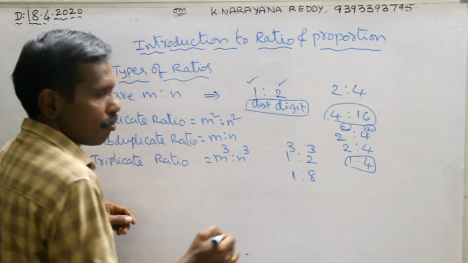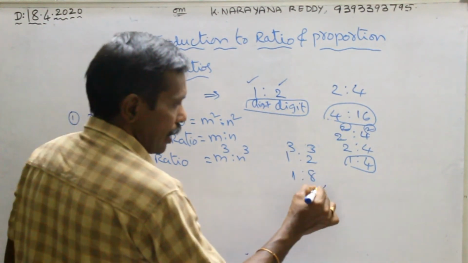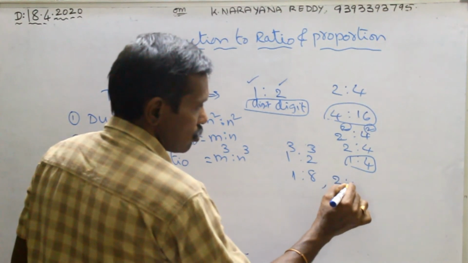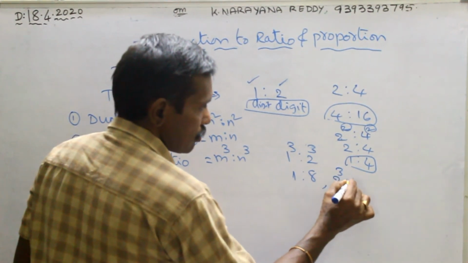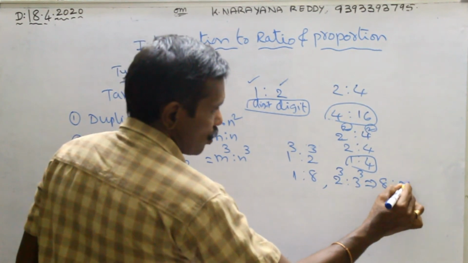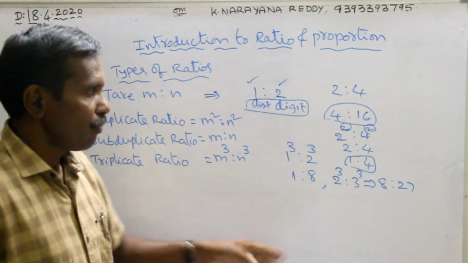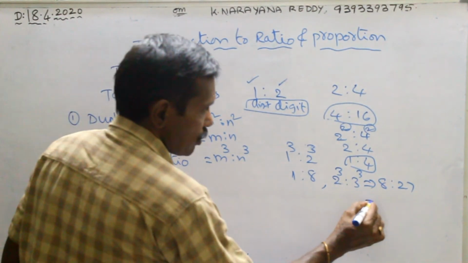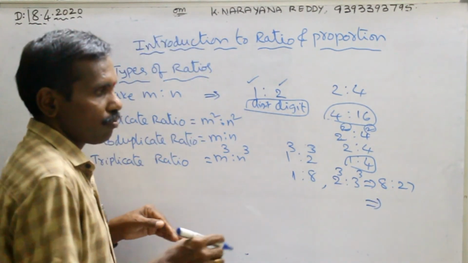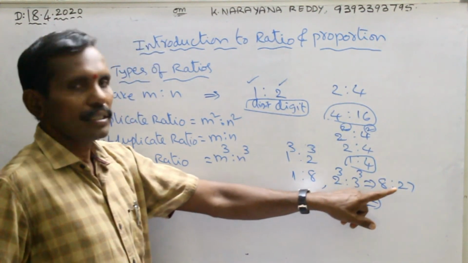Why? Because suppose 1 cube, 2 cube. So again you can take some 2 cube, some 3 cube. What do you get? 8, 27. This is triplicate ratio. Whenever we are dividing this with the same number, for example, we can't divide this. Yes or not? Because this is even, this is odd.